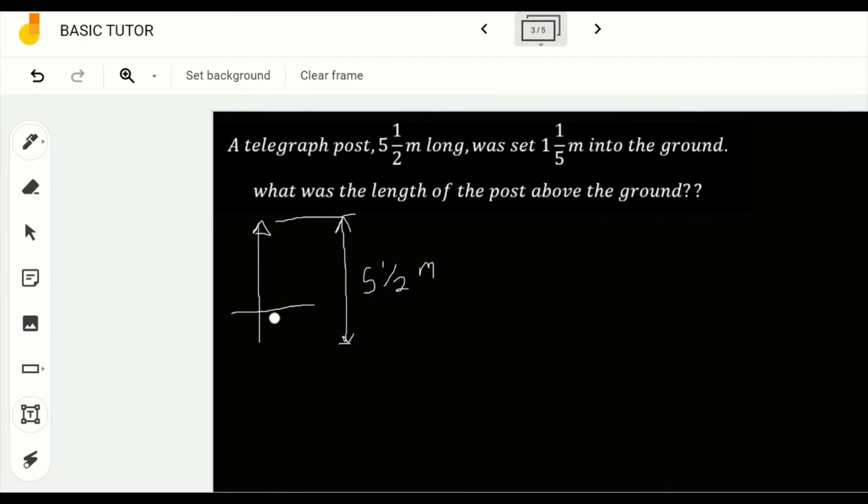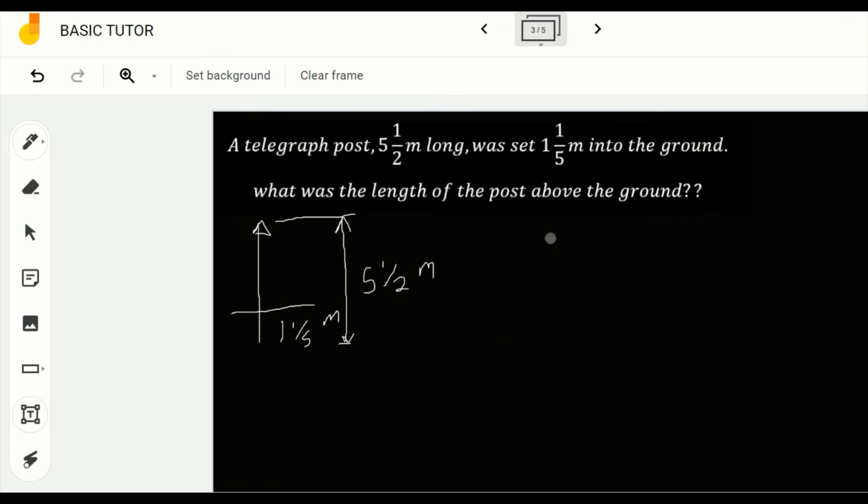So from this point to this point is 1 1/5 meters. We're asked to find the length of the post above the ground. So for me to get this length, I have to subtract the length beneath the ground from the full length of the post. So therefore we have to subtract the fractions.